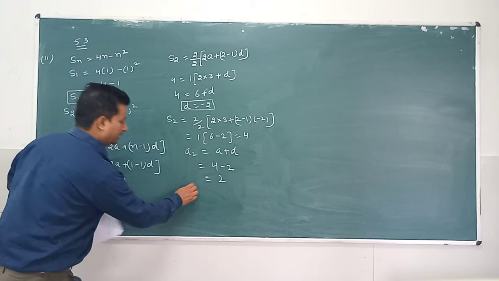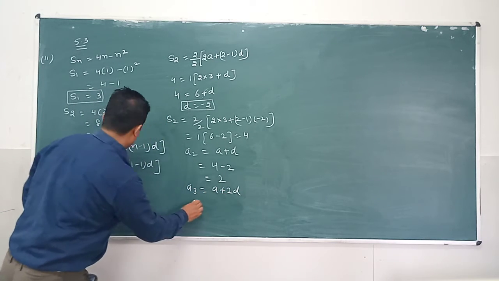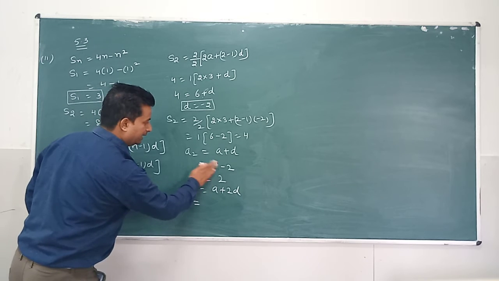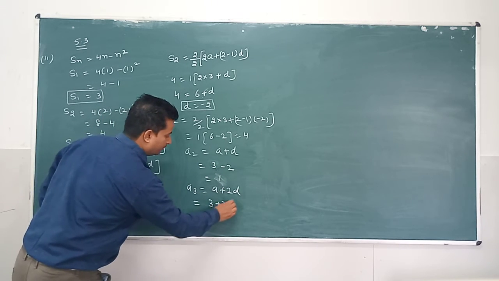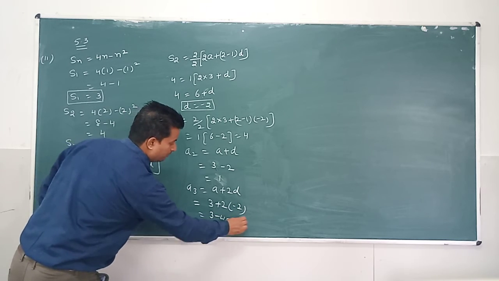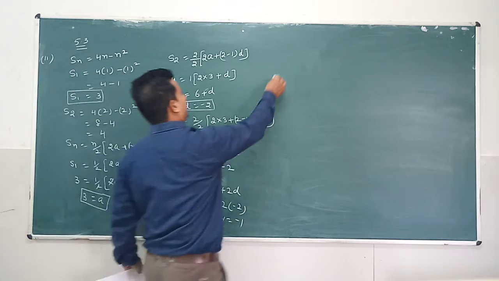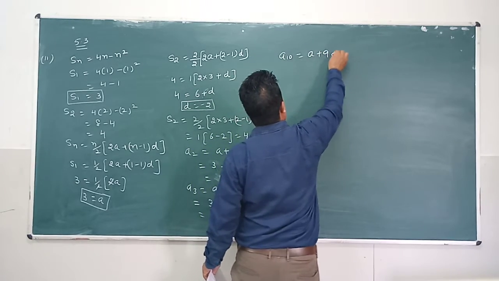And a3 is a plus 2d. Here a is 3 and d is minus 2, so 3 minus 4, which is minus 1. Then a10. a10 is a plus 9d.